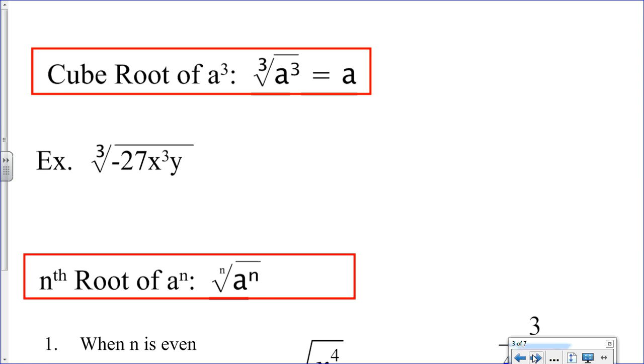All right, so a cube root can be positive or negative. So it's whatever a is. So if a is positive and you do the cube root, then it stays positive. If it's negative, then it stays negative.